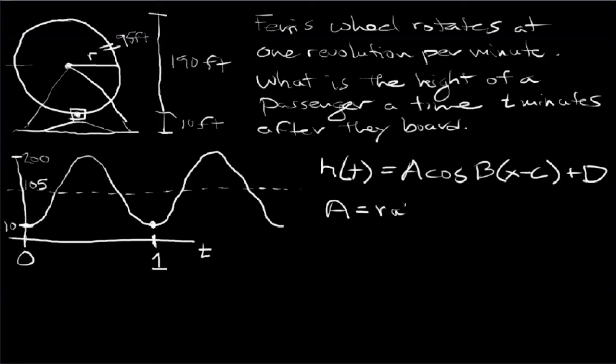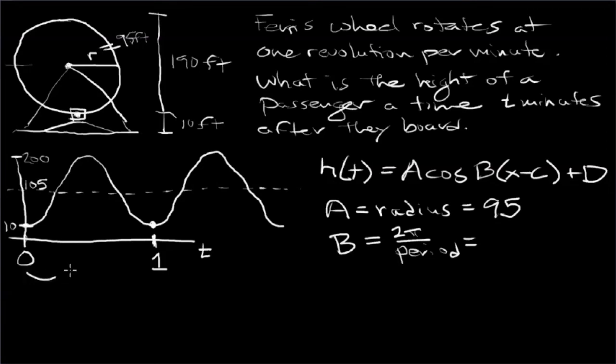So the amplitude is the radius in this type of problem, and so it would be 95. And B is not the period, but it is 2 pi divided by the period. So if I look at the period here, the period is 1 minute. And so 2 pi divided by 1, so B will just be 2 pi.